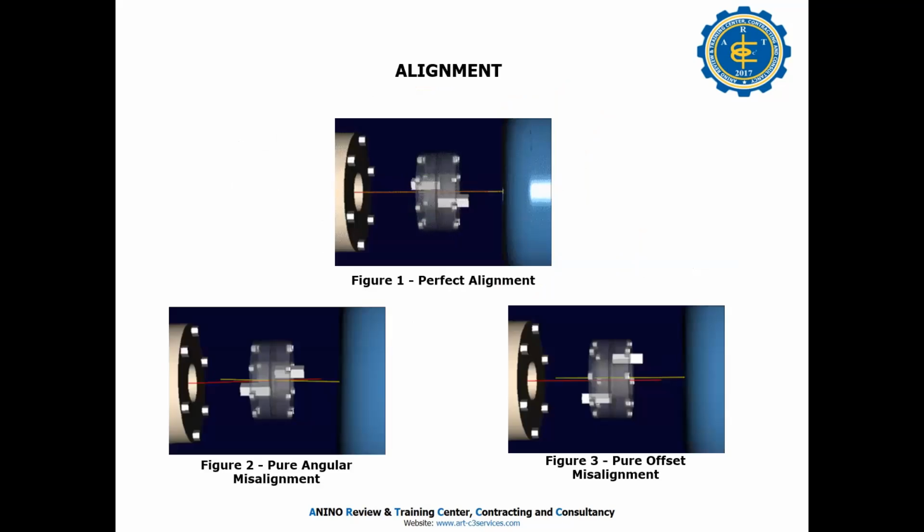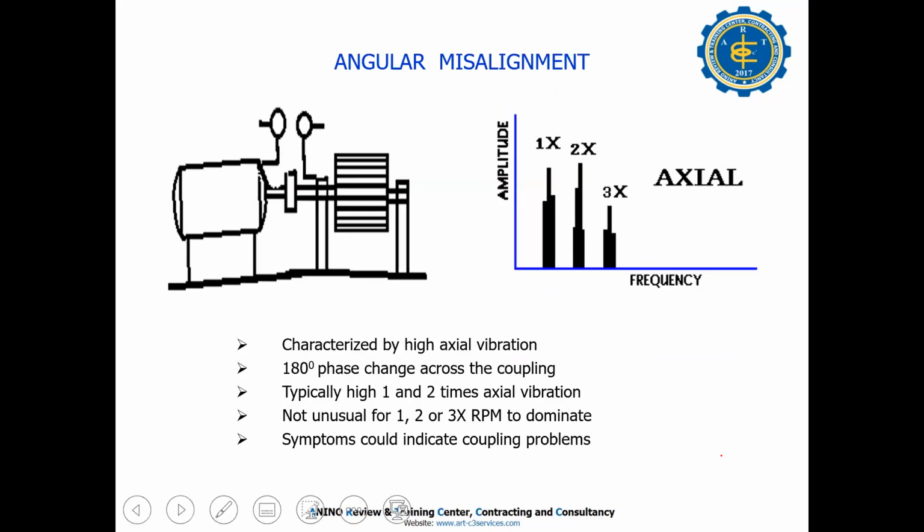Okay, alignment. This is the perfect alignment. This is the angular misalignment and the pure offset misalignment. Angular misalignment is characterized by high axial vibration, with a 180 degree phase change across the coupling.